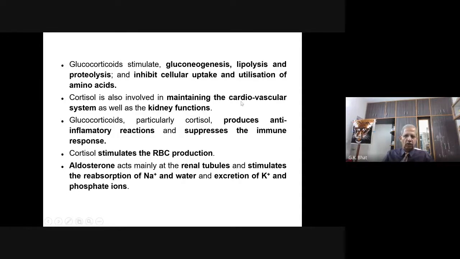Now, coming to aldosterone, the other mineralocorticoid. Aldosterone acts mainly at the renal tubules and stimulates the reabsorption of sodium and water and excretion of potassium and phosphate ions in the renal tubule, especially in the distal convoluted tubule, and also sometimes in the proximal convoluted tubule.